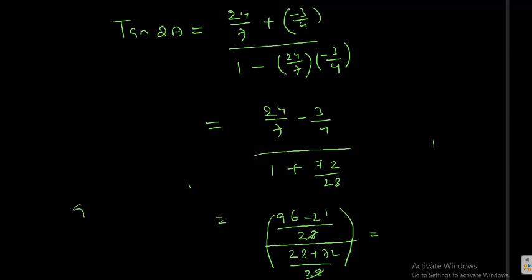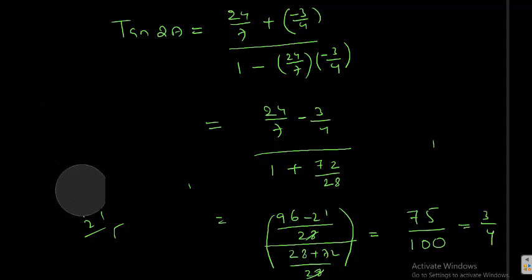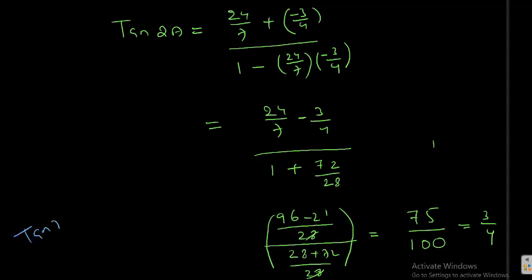So 96 minus 21 is 75, by 100, 3/4. So finally what I got? Tan 2a value equal to 3/4.